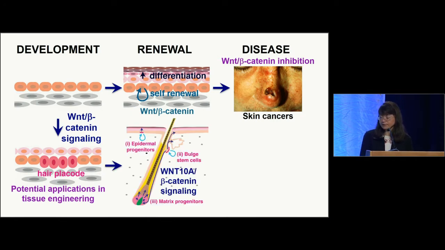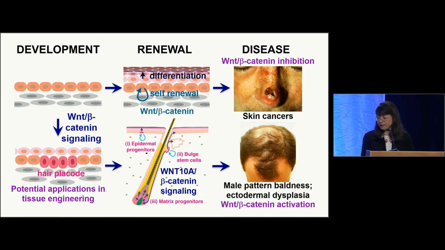And finally, we've identified Wnt10A beta-catenin signaling as being important in hair follicle growth, and our data suggest again that stimulating this pathway could be useful in treating Wnt10A null patients, and possibly also in male pattern baldness.